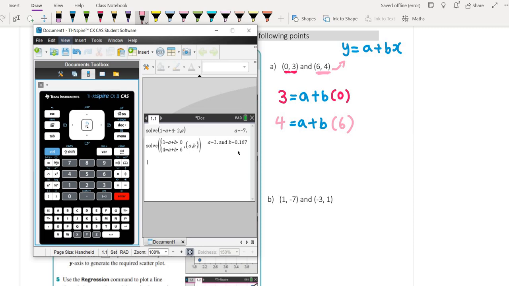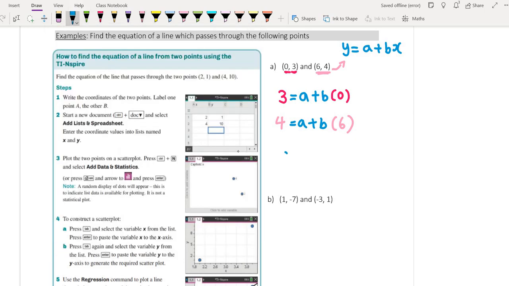So once you know what a and b are, let's just write it down. So a is 3, b is 0.167.